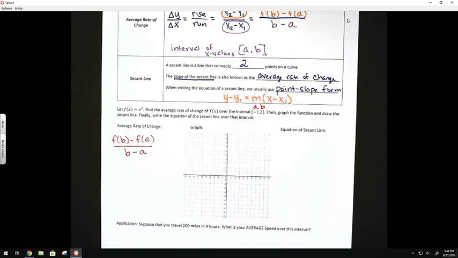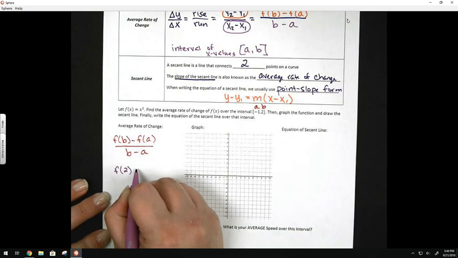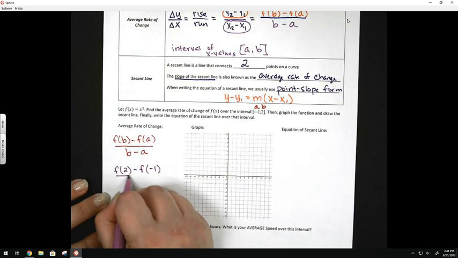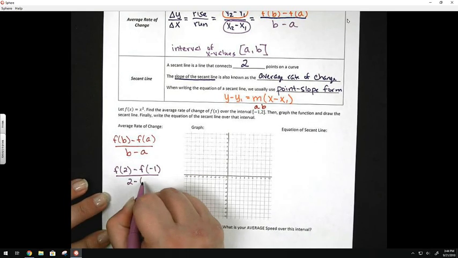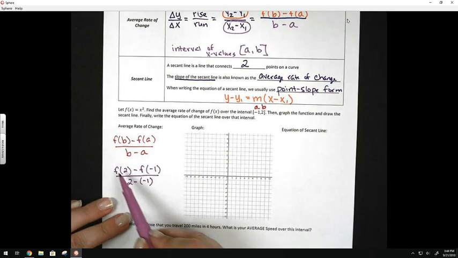So when we look at our formula, we're going to do f of b, which is 2, minus f of a, which is -1, all over 2 minus -1.